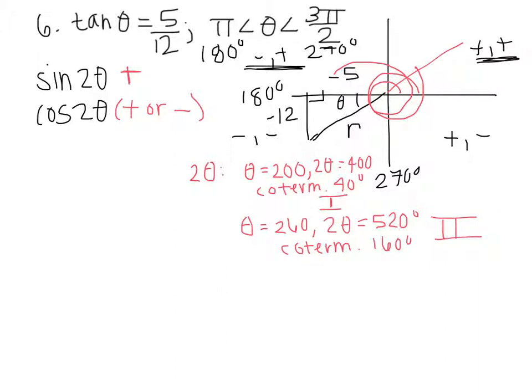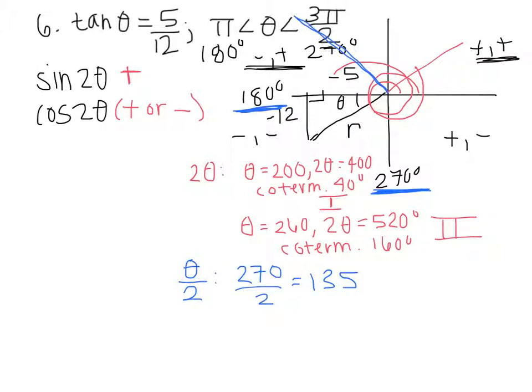Okay. The last thing we want to think about in terms of our angle placement is what's going to happen to theta over 2. So this is when we think of our largest value and our smallest value and what happens when we cut them in half. So 270 divided by 2 is 135, and we know that that's this slice right here.